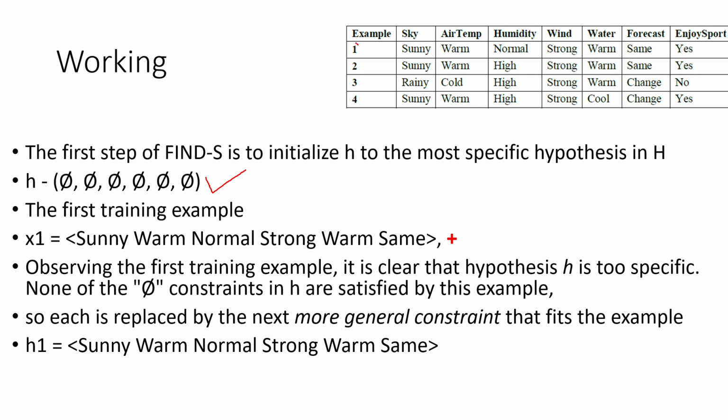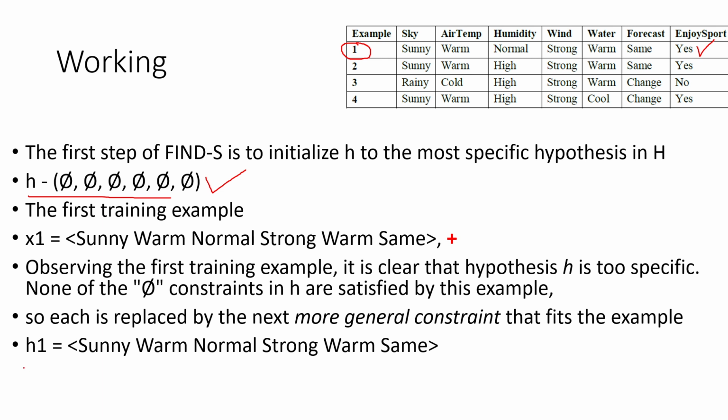Now, this is our first training example. Observe whether it is a positive or negative example. This is a positive example. It is clear that the hypothesis is too specific. None of the constraints in it are satisfied by this example, so we have to replace them.